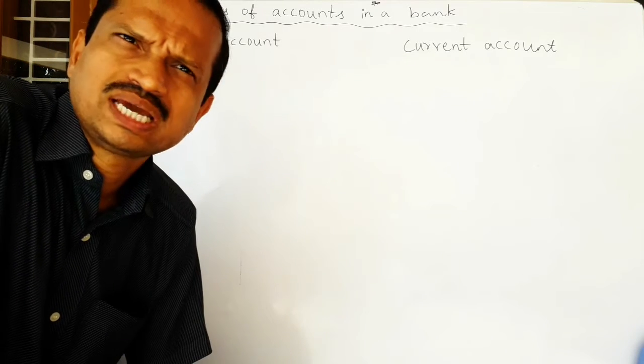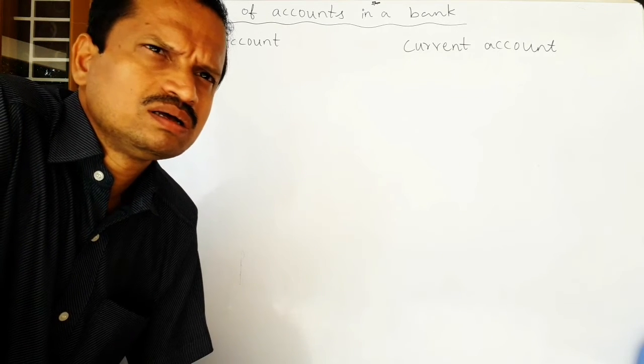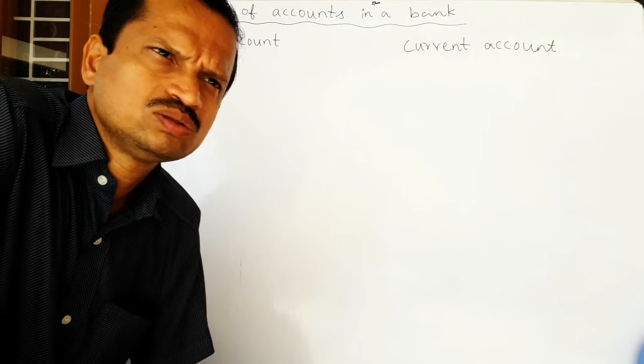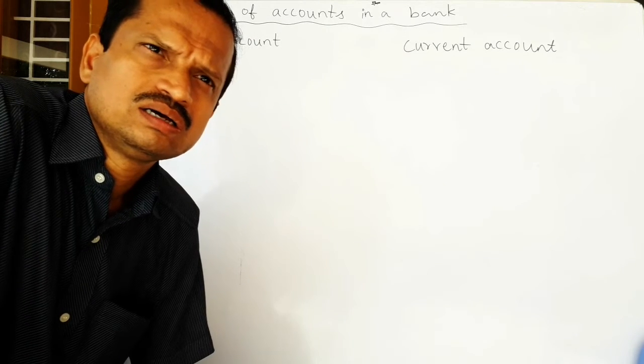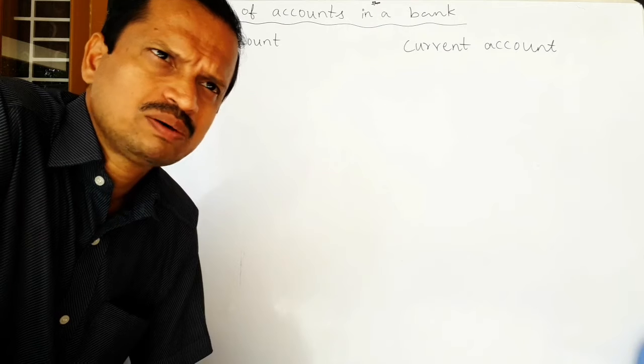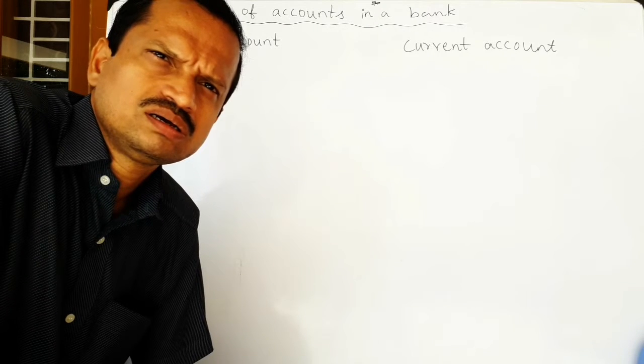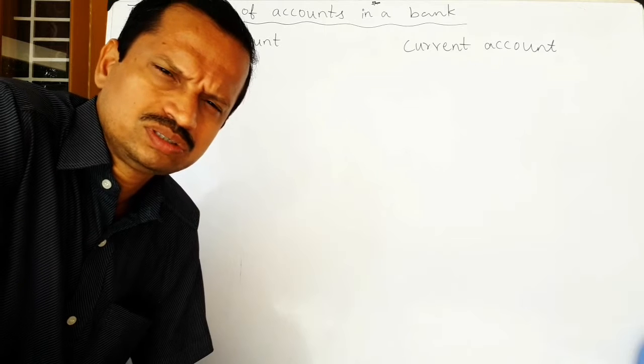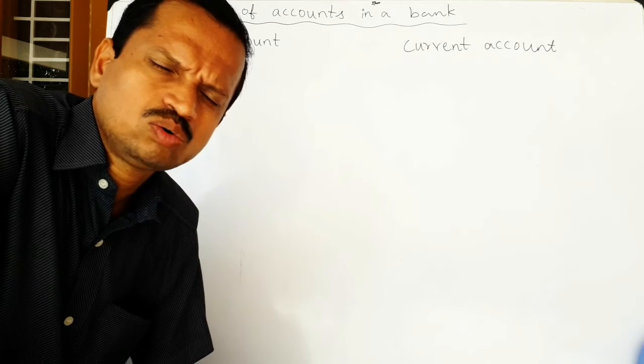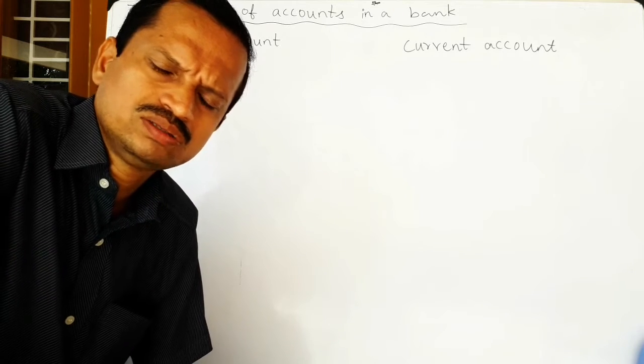Also we have to get signatures from two other persons who have an account in the same bank. For example, if you are opening in State Bank of India, then those two persons should have an account in the same State Bank of India, in the same branch.